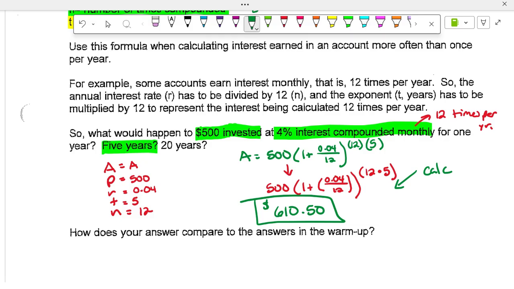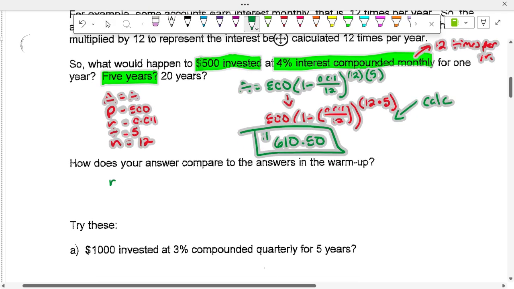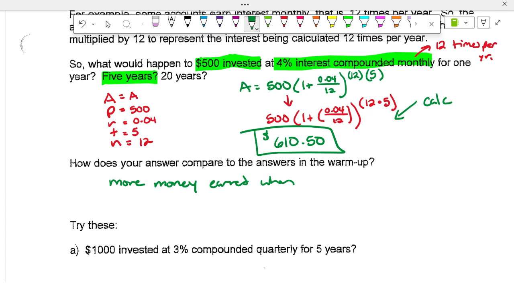So that's the difference with those interest rates. It's more money earned when compounded monthly versus annually.